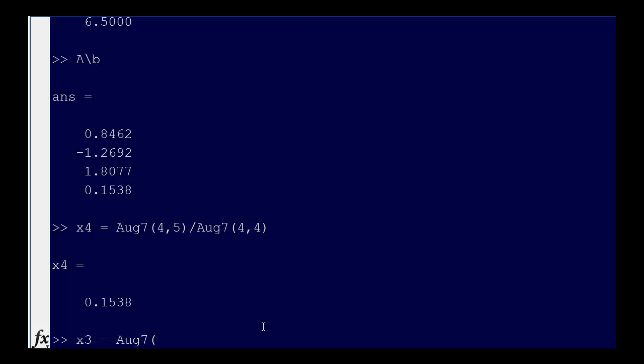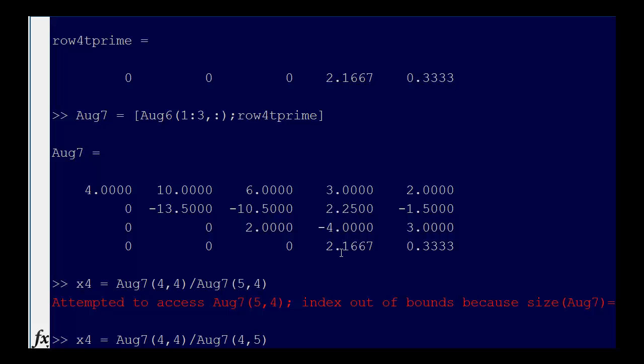So it'll be x4. So let's think about this to solve for this. So we solve for that by doing, it was this divided by this. Yes, because it was 2.1667 times x4 equals 0.333. Okay, so then we just have to do x4 equals 0.333 divided by 2.16667. Okay, so we have that now.